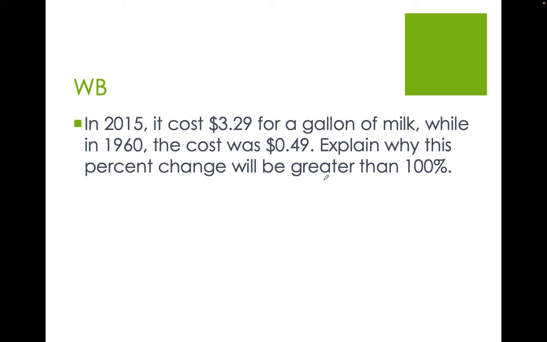To answer this question, we want to compare the original price in 1960 to the price of milk in 2015. If we find the difference between these amounts, you'll notice that you get a $2.80 increase in price of milk from 1960 to 2015.